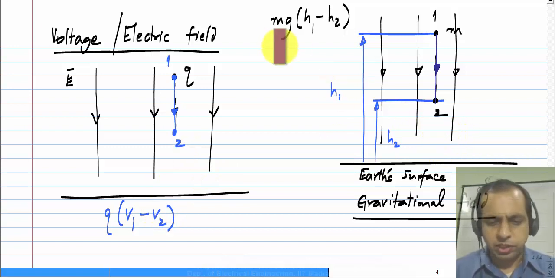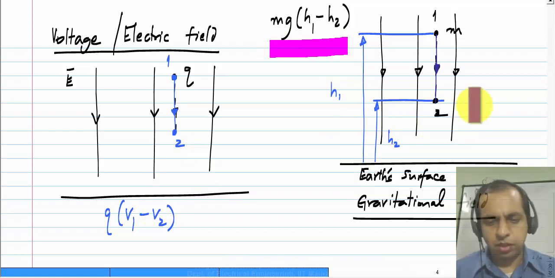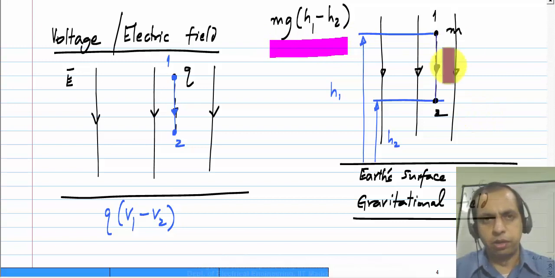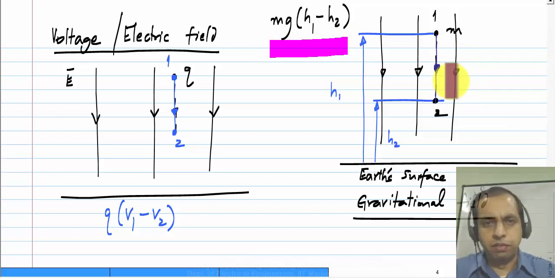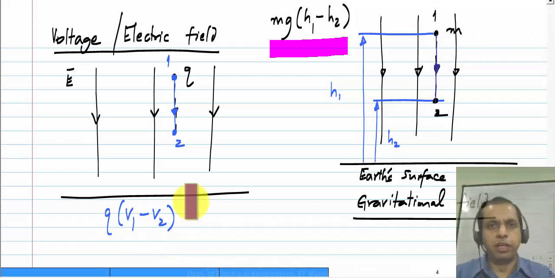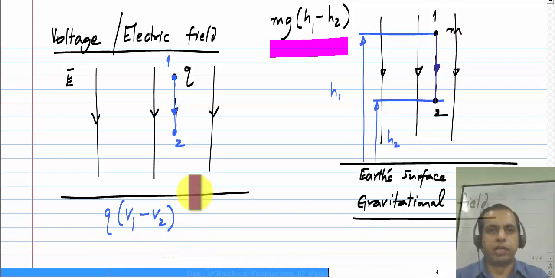Okay. So you can see the analogy between the energy gained by an object falling in a gravitational field and the energy gained by a charge which is falling in an electric field. When I say falling, I mean being accelerated by the electric field. Okay.